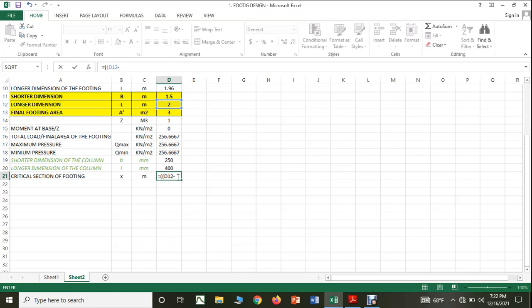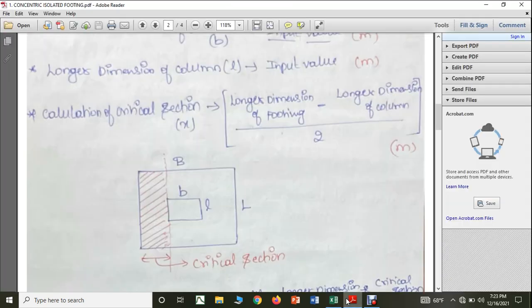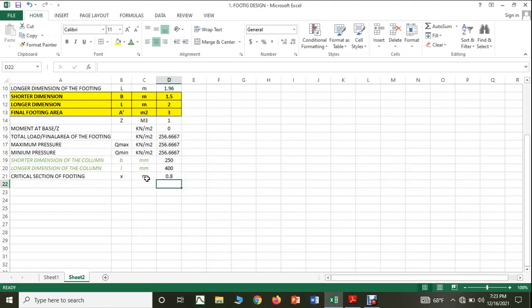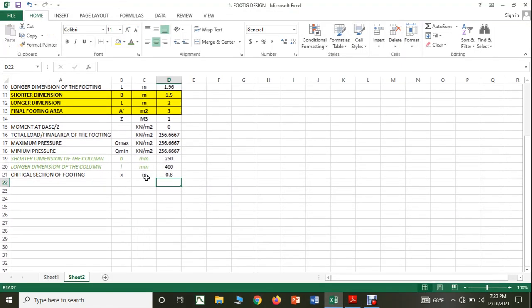Therefore I'll open one more bracket, select this, and divide by 1000, so that there itself I can convert to meters. So now it is longer dimension of the footing in meters minus longer dimension of the column. I will close this bracket, divide by 2, then close one more bracket, enter. That will give you the critical section in meters. Okay, this is about my critical section.